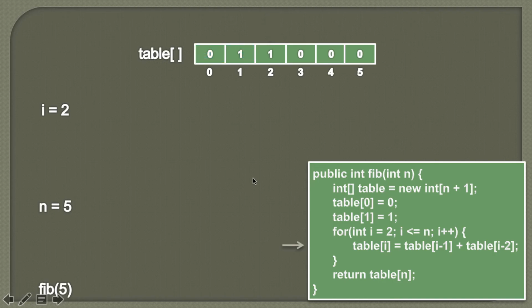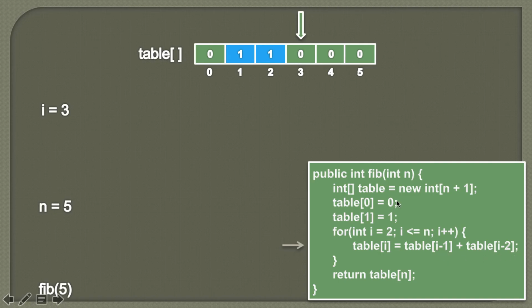Moving ahead. Now we'll increment I. So I becomes 3. And now we want to calculate the value at the third index. So we'll simply do the sum of its two preceding numbers with I minus 1 and I minus 2.